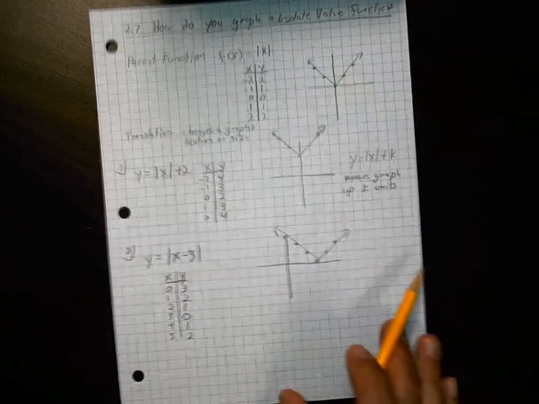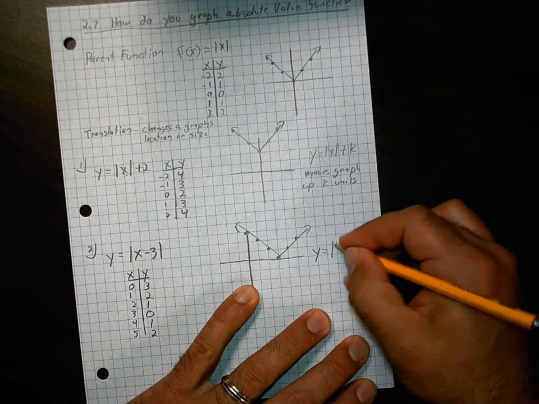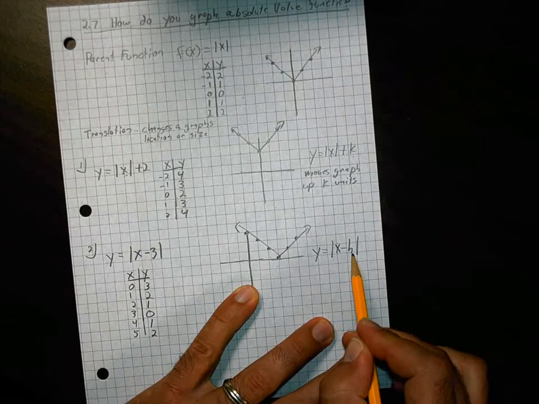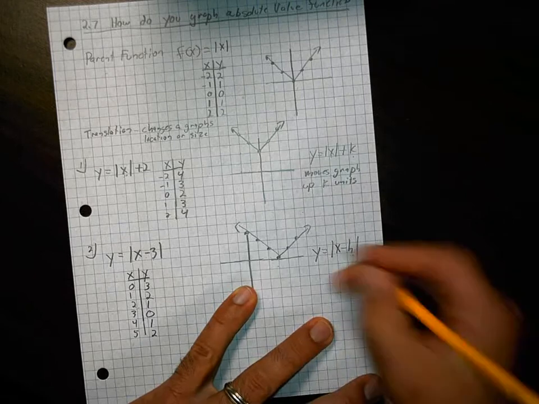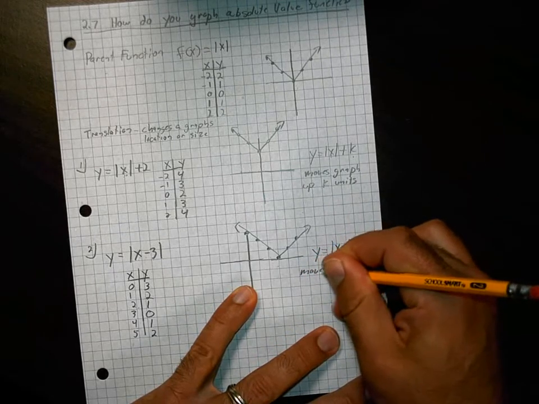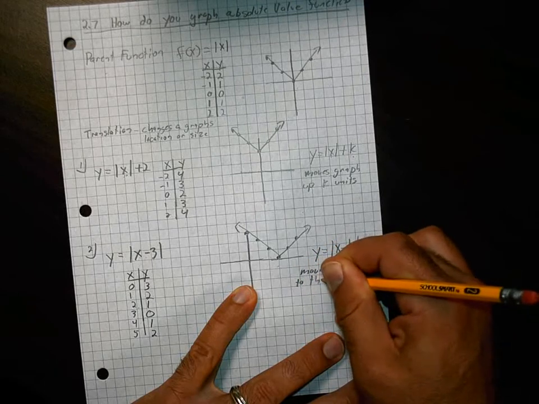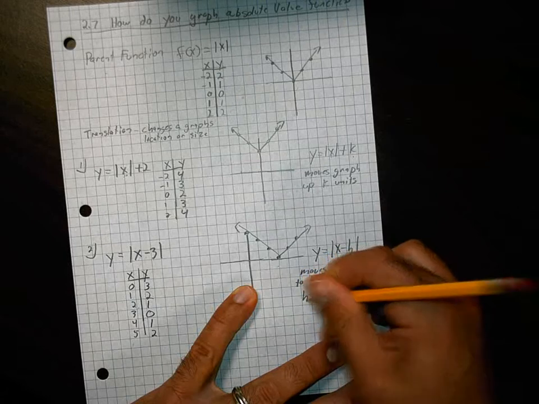Okay, so in general, if I have absolute value of x minus h, and we use h as a horizontal shift, it moves the graph to the right h units.